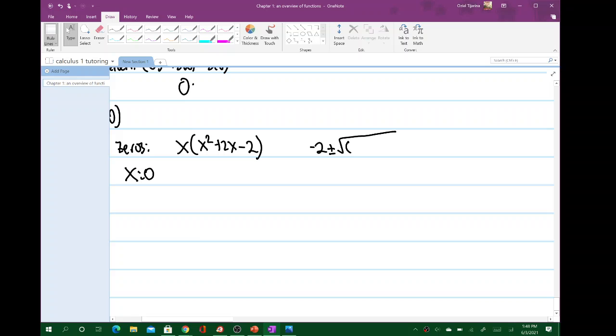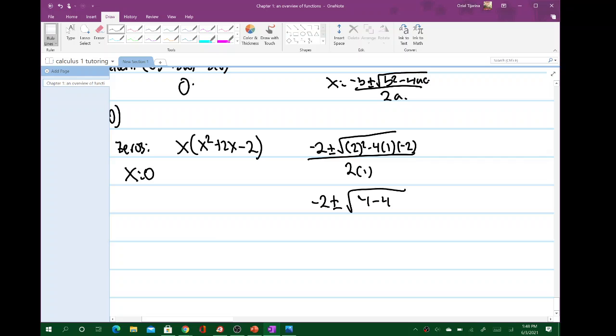So you would do -2 plus or minus the square root of 2 squared minus 4 times 1 times -2, because the quadratic formula, as we said, is -b plus or minus the square root of b squared minus 4ac, all over 2a. So then you do all over 2 times 1, so it's -2 plus or minus the square root of 4 minus 4 times -2, all over 2.